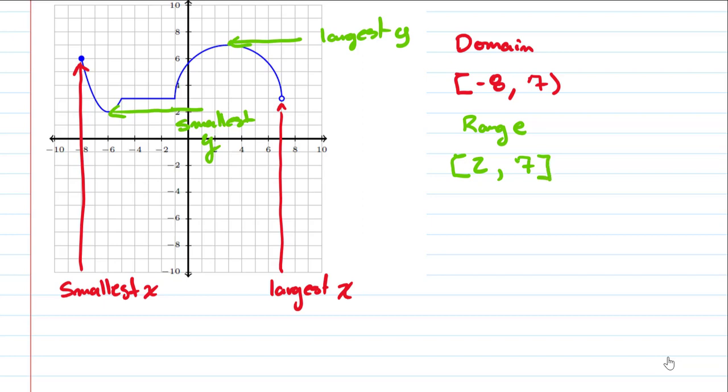And that is going to be our range. So our smallest y is 2, and our largest y is 7. So that gives us our range is the closed interval from 2 to 7, including both of the endpoints. And our domain is -8 included to +7 not included.